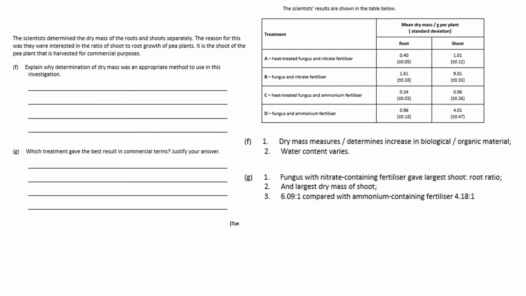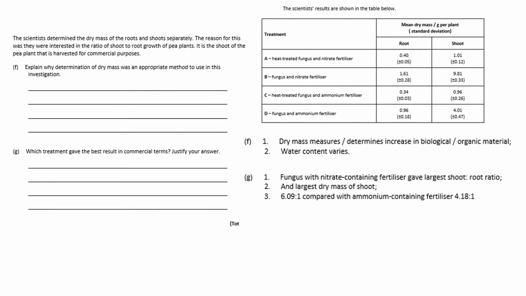Now for part G, it's important that you read the information at the top of the question really carefully. It says the scientists determined the dry mass of the roots and the shoots separately. The reason they did this was because they were interested in the ratio of the shoot to root growth in the pea plant.